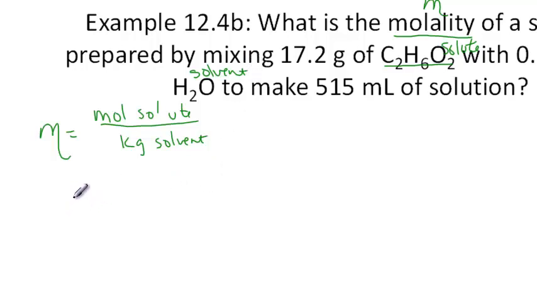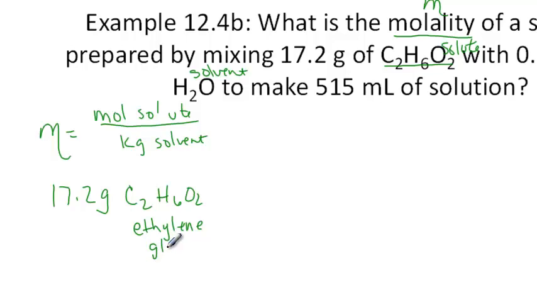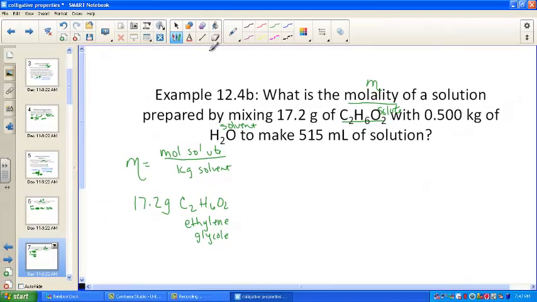Alrighty. So let's begin by writing out our number, 17.2 grams of the solute, C2H6O2, ethylene glycol, just so you start to hear those organic names. Radiator fluid, ethylene glycol.